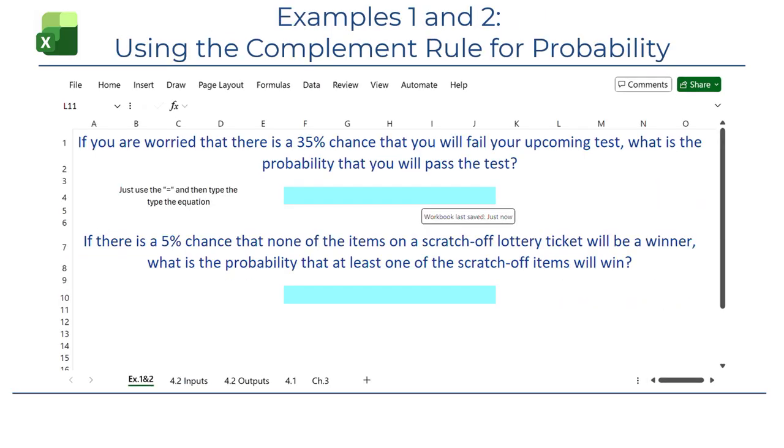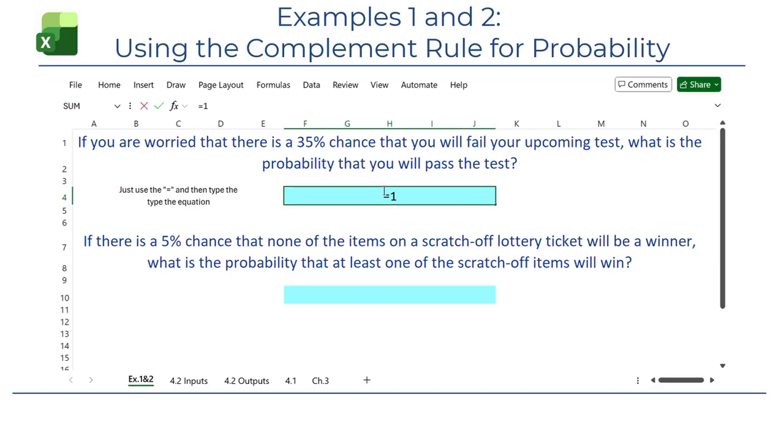For examples 1 and 2, we are to compute the complement of a specific event. For example 1, if you are worried that there is a 35% chance that you will fail your upcoming test, what's the probability that you will pass the test? Again, I can either answer this here, and I would simply enter equals 1 minus 0.35.